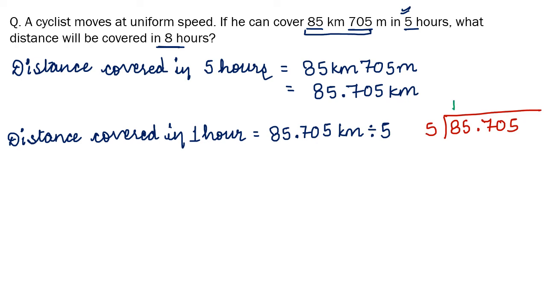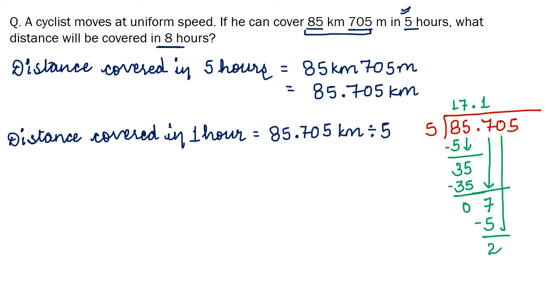5 ones are 5. 3 left here. Bring down this 5. 5 sevens are 35. So 35 minus 35, 0. Now we have the point here. So put this point in the quotient and bring down 7. 5 ones are 5. 7 minus 5, 2. Bring down this 0. 5 fours are 20.